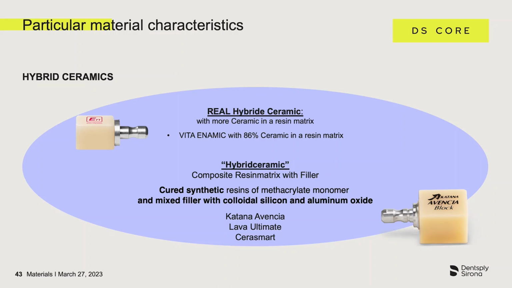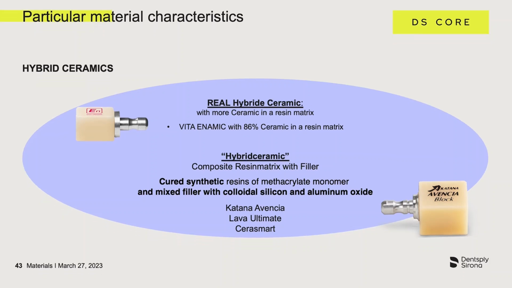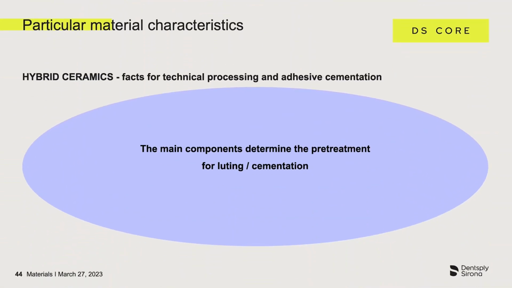These are cured synthetic resins with methacrylate monomers and fixed fillers with colloidal silicon dioxide and aluminium oxide. Examples of this material are Katana Avencia, Lava Ultimate, and Cerasmart.